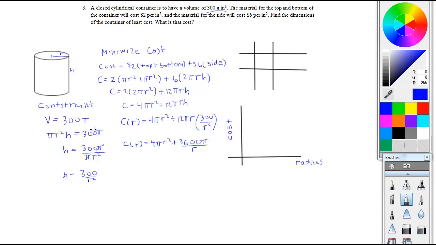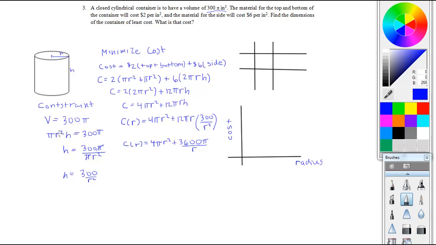get about 300. So those numbers can't end up being very big, because maybe if r was 10, 10 squared is 100, then h would be 3. That would be fine. If r was 20, though, then r squared would be 400, and h would have to be smaller than 1. So I know that r is probably not 20. It could be 10.